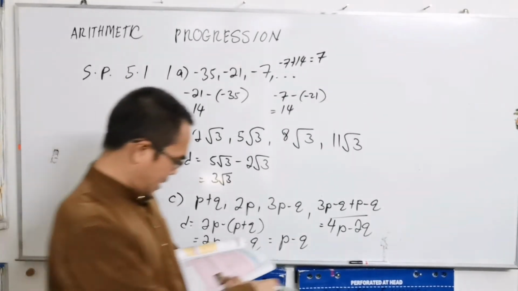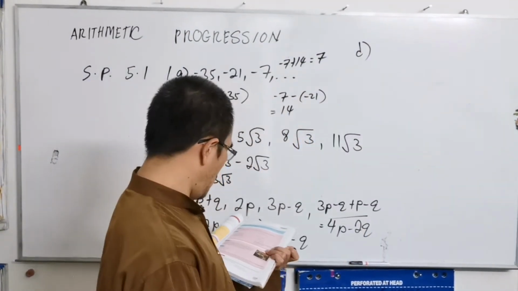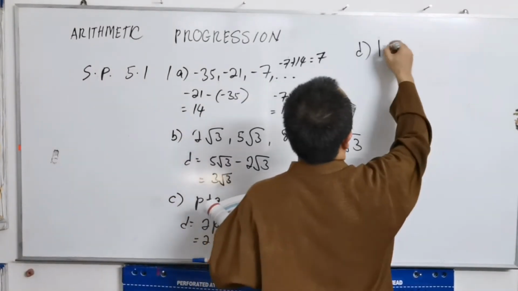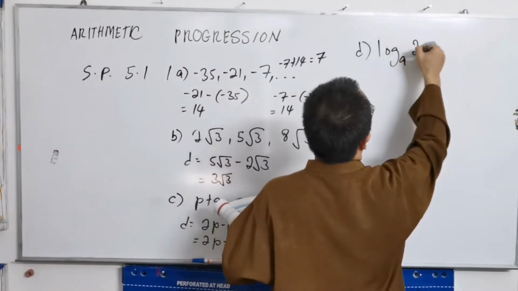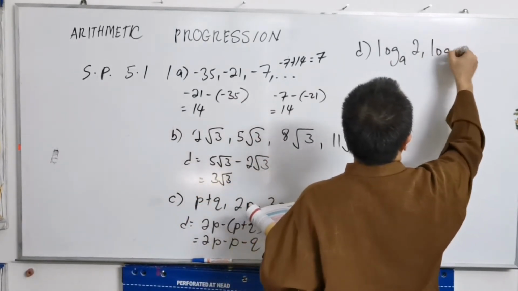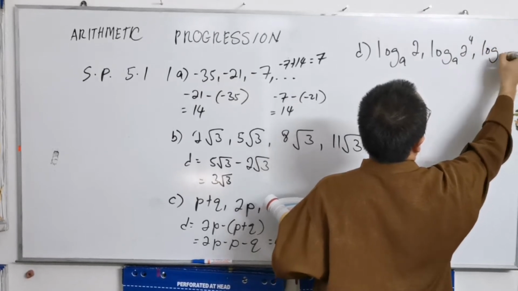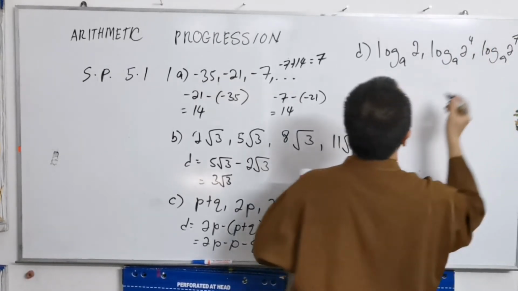Okay, and D: log A^2, log A^4, and then log A^7.